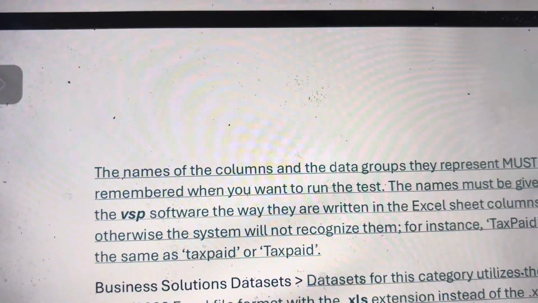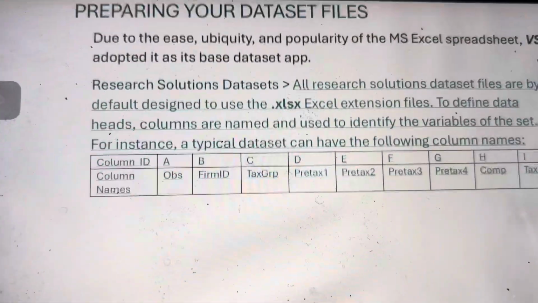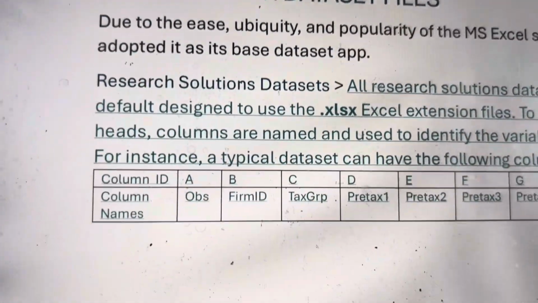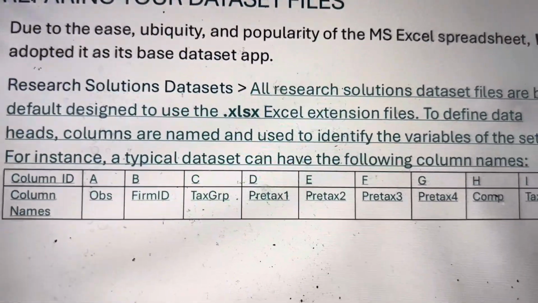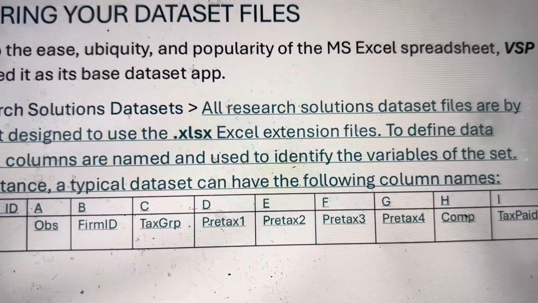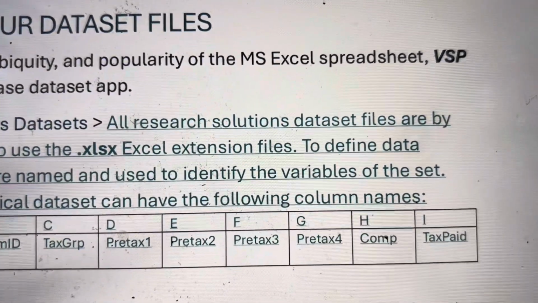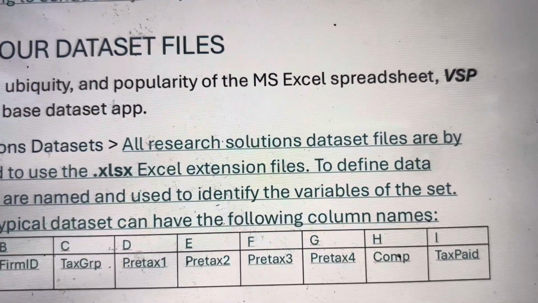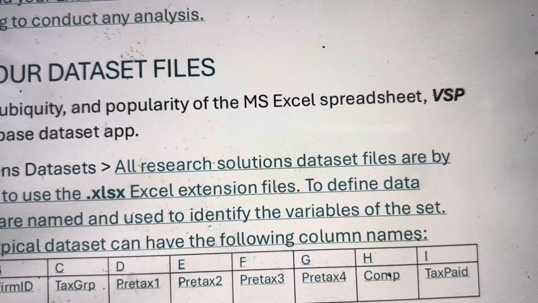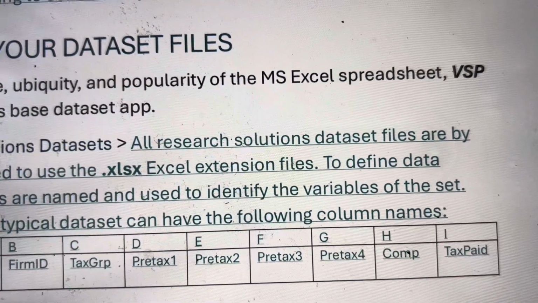Now let us go back a little bit to that. Now let's look at it. What we have here is okay as it is, the capital T and capital P for Tax Paid.